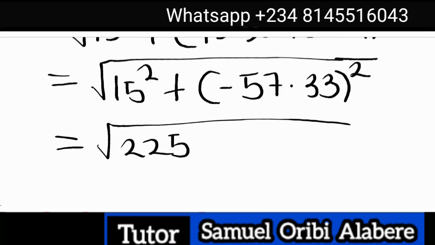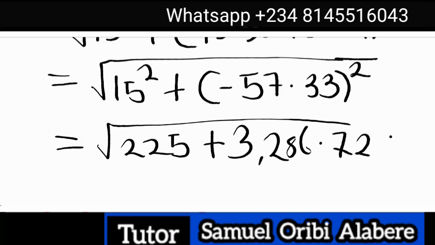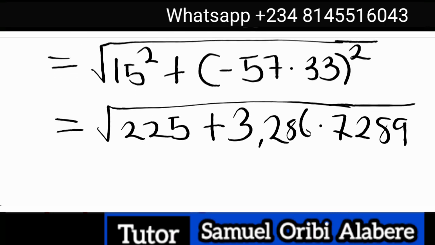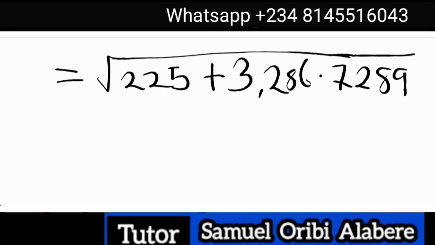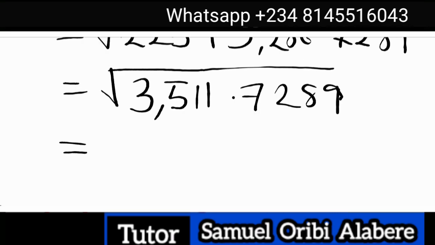When we further evaluate, it will be equal to root 225, which is 15 square, plus 3,286.7289. So then this will be equal to root of 225 plus 3,286.7289, which will now be equal to 59.26 ohms.